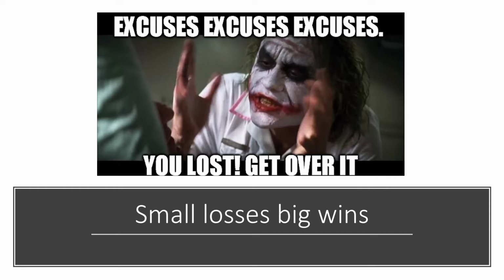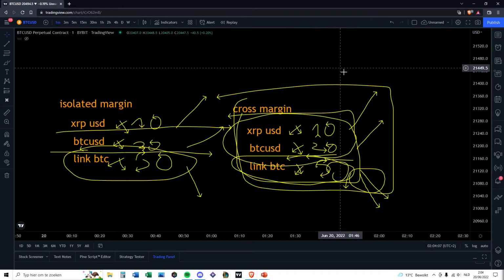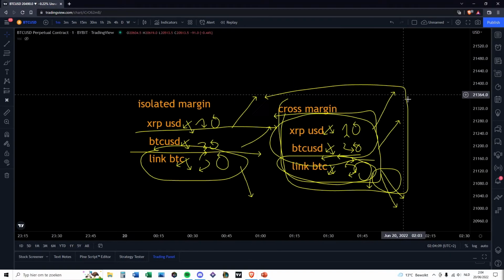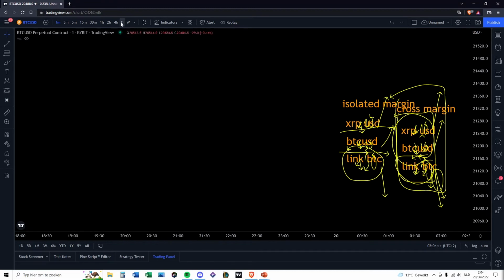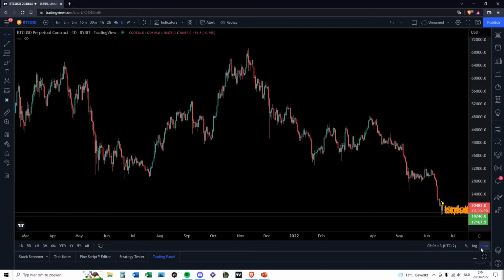So the higher the risk reward, the better. But it's to a certain level, because if you have an extremely high risk reward of 50, you will be screwed, because 99% of the time you will be stopped out.